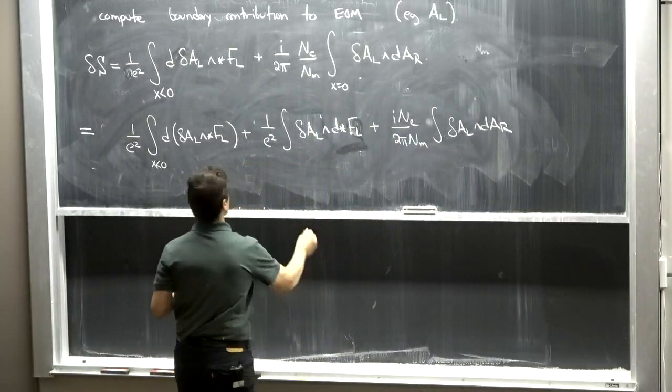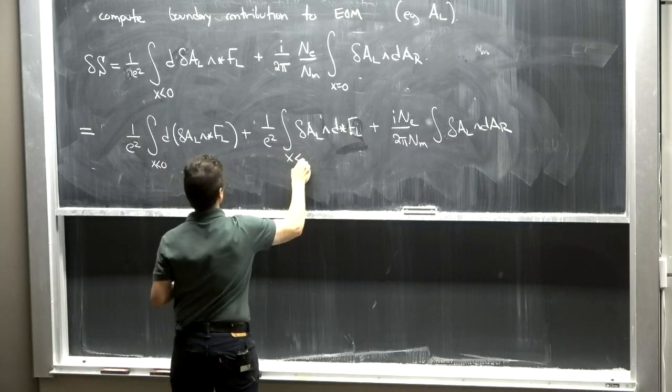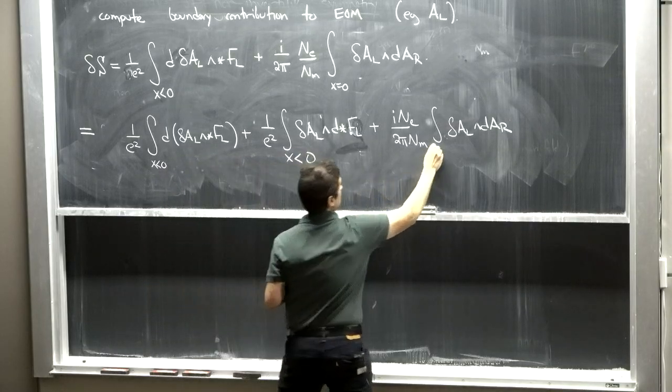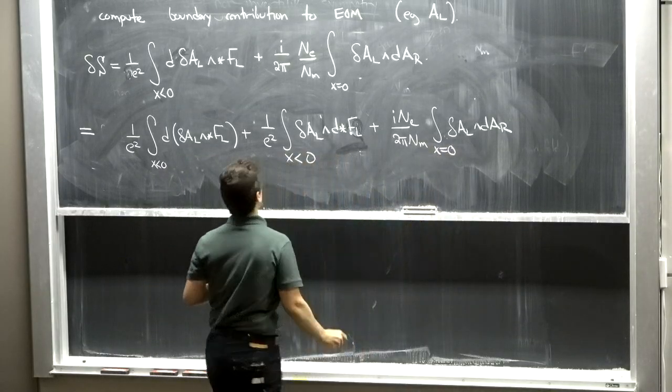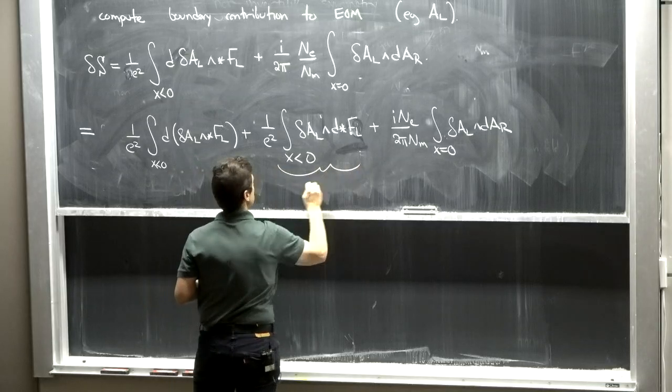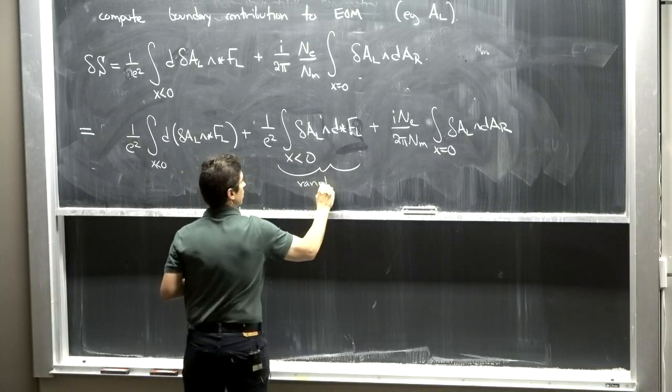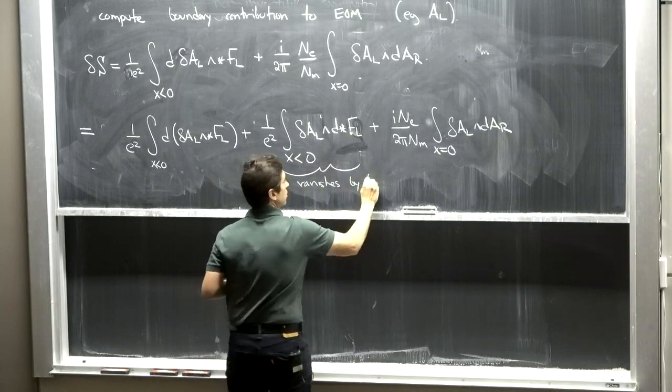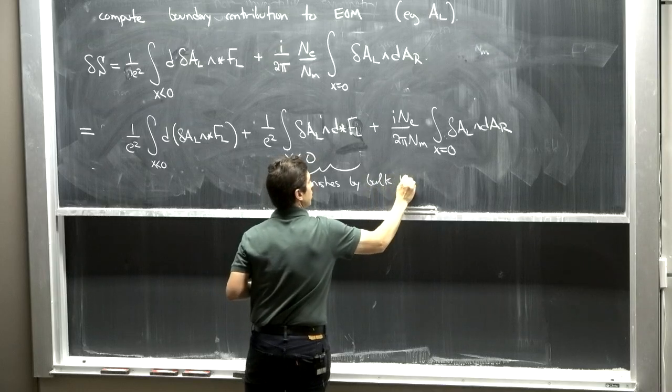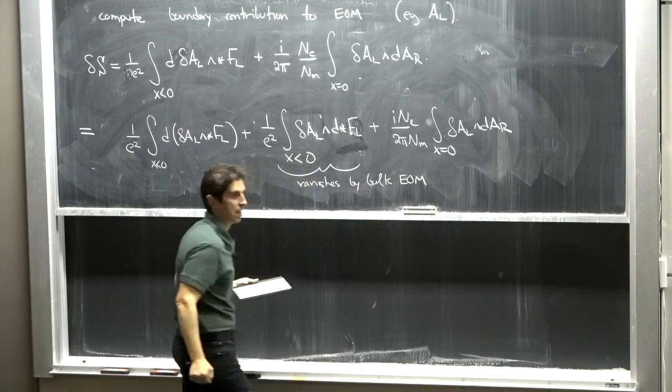So this term here, this is over x less than 0 still. This is x equals 0. This term here vanishes by the bulk equation of motion. So we continue to enforce that.